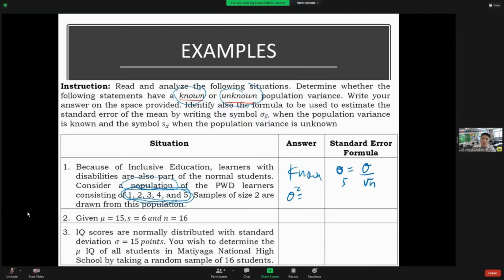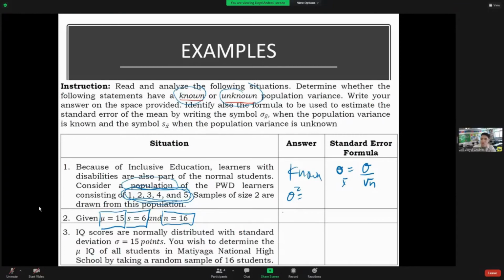Again, kay known man. Number 2, given tag mu nga 15, S. Mu is mean, sample population mean, kani sample standard deviation and sample size. Ang question, known ba or ma-solve ba nato si population variance na ang given lang man is population mean o sample standard deviation.